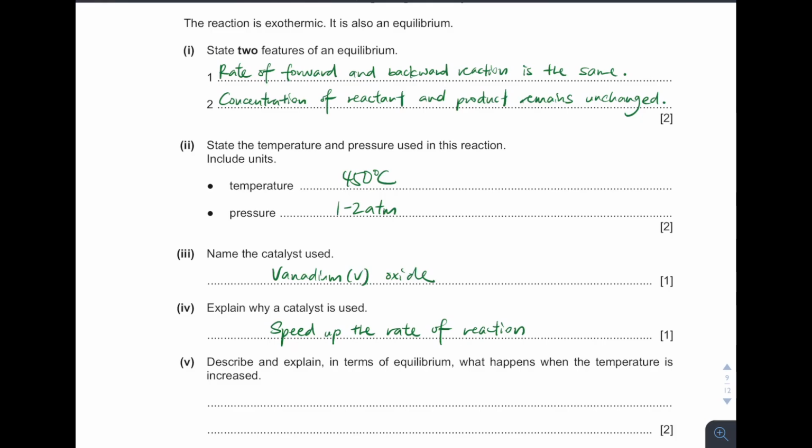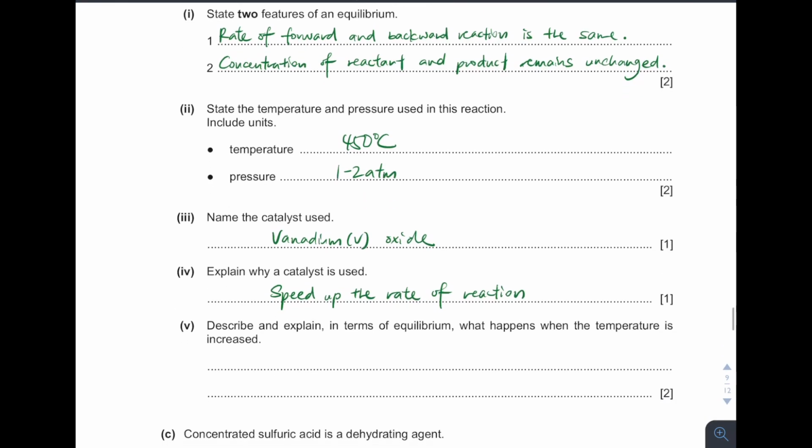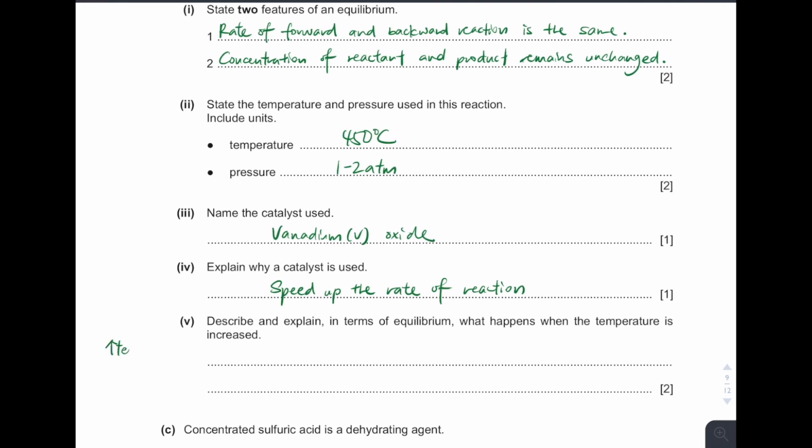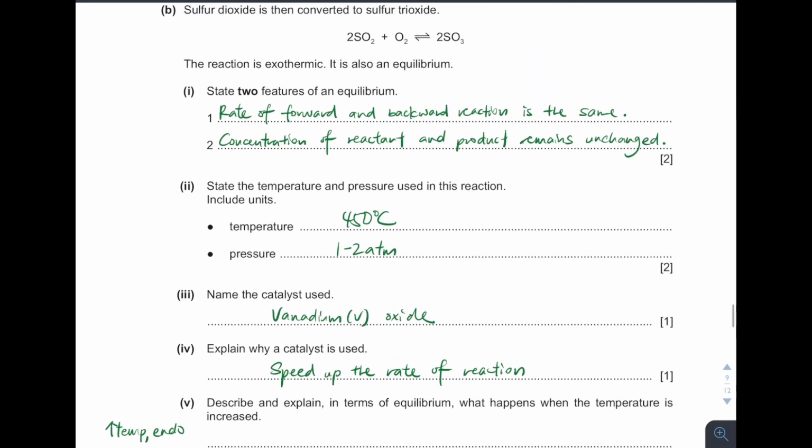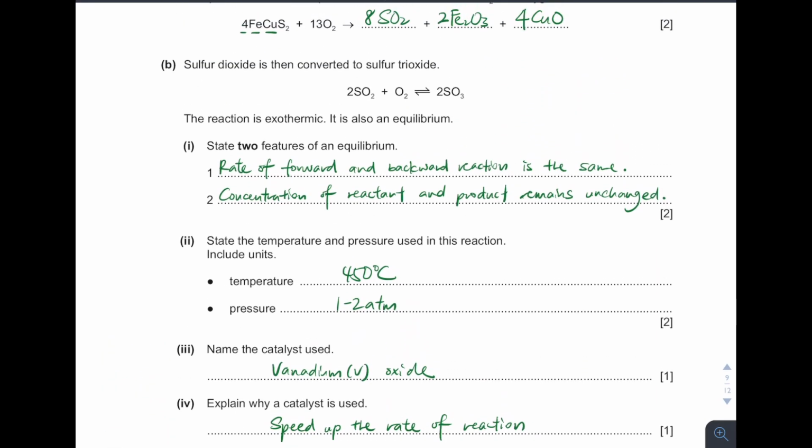Next one, describe and explain in terms of equilibrium what happens when the temperature increases. See how temperature affects the position of equilibrium. Remember, an increase in temperature will always favor the endothermic reaction. It is given here that the forward reaction is exothermic, so the backward reaction is endothermic. And an increase in temperature favors the endothermic reaction.